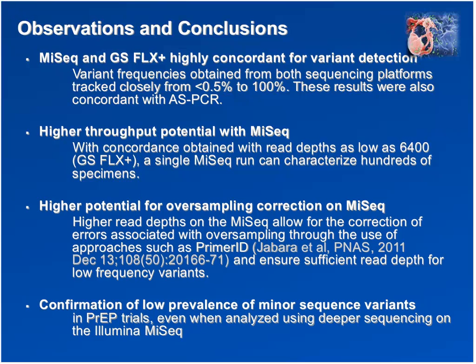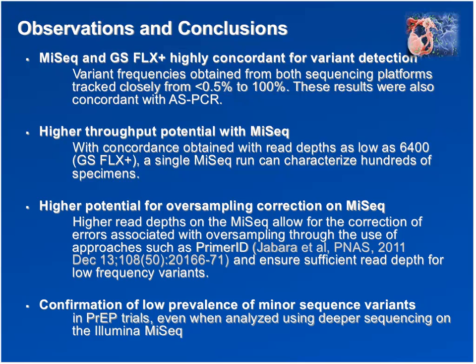There is a high throughput potential observation here that is associated with the MiSeq when we are seeing concordance obtained with read depths as low as 6,400, and that was a read depth obtained on the GS FLX Plus.